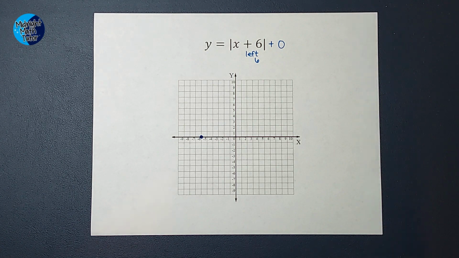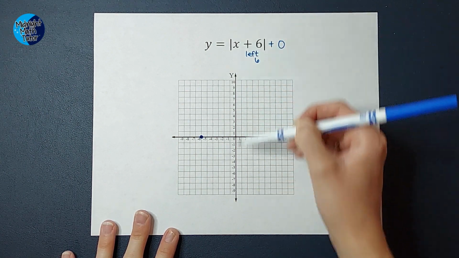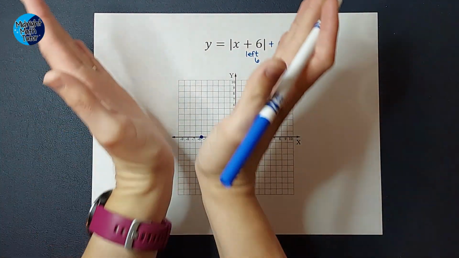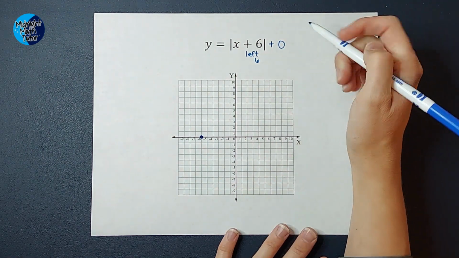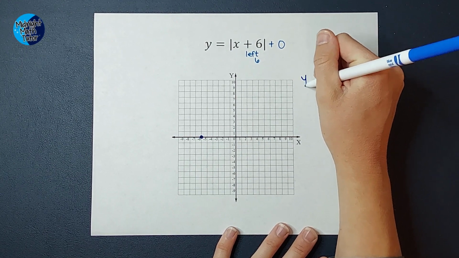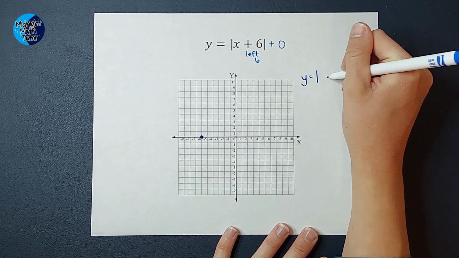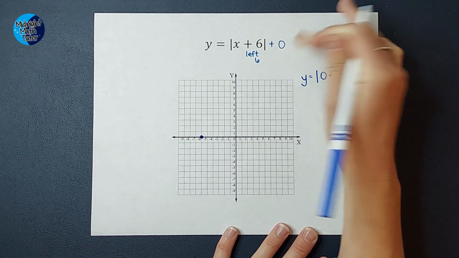Plug in some points. So let's go ahead and figure out where it crosses the y-axis, because it's going to go like this. To do that, I'm going to plug in 0 for x. So I'm going to have y equals the absolute value of 0 plus 6. I don't need to write that +0 there.